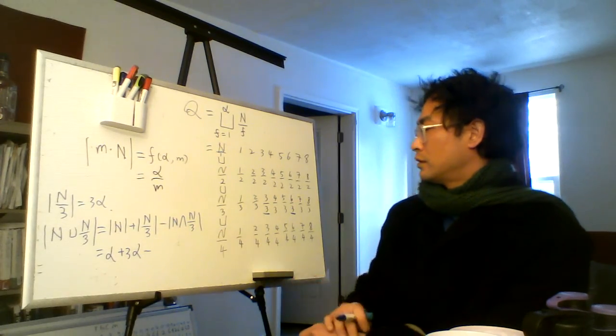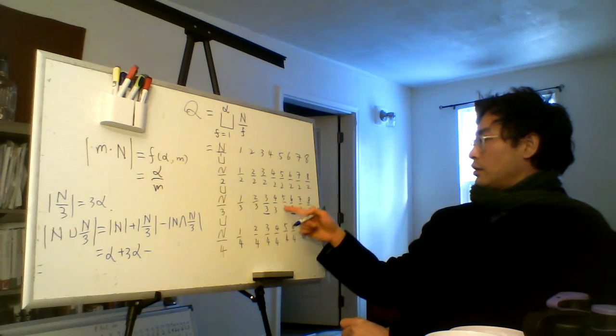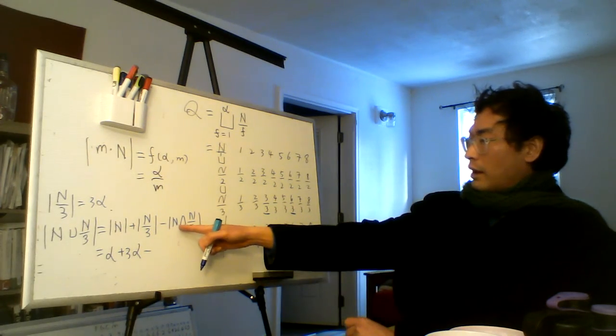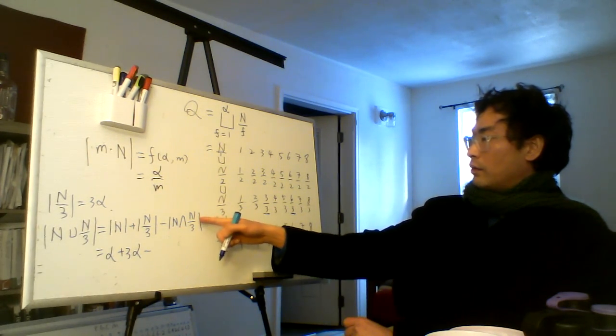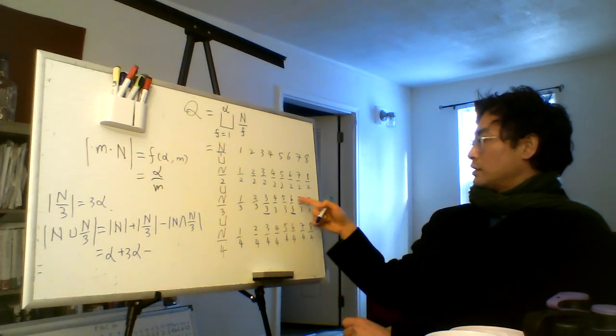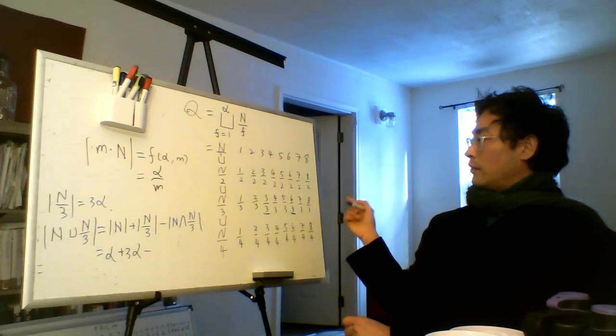What is this? You have n intersection n over 3, right? You have this 3 over 3, 6 over 3. It's like 1, 2, 3, 4, 5, 6, 7.